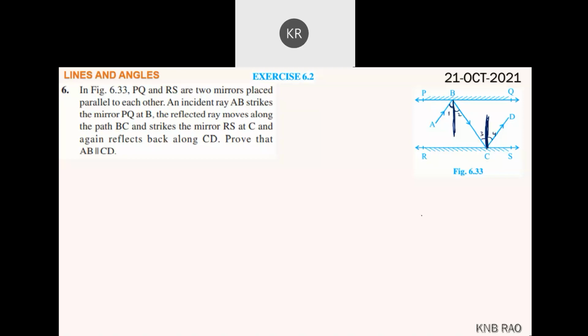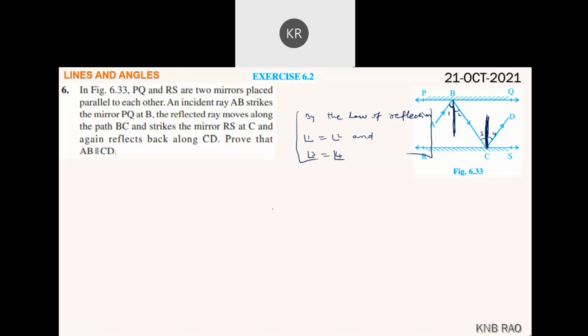And as you said, by the law of reflection, angle 1 equals angle 2 and angle 3 equals angle 4. Reason: by the law of reflection, children. Correct, up to there that thought is correct.